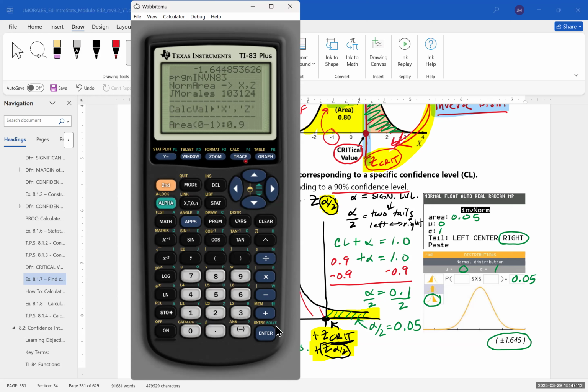We'll do a center calculation. So a mean of 0, standard deviation of 1, and we want to use the area in the center with an area of 0.9. Now it's telling us that we have a positive and negative z-critical score of 1.6448536. Positive and negative.